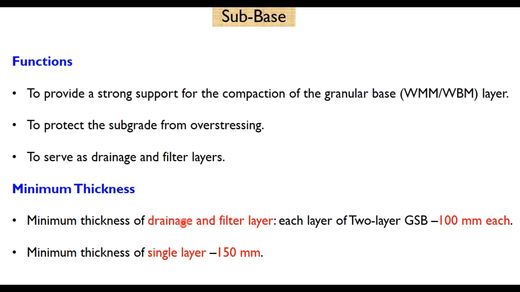When the subbase is provided in two layers, the first layer will act as the drainage layer and the lower layer will act as the filter layer. In that case, each layer should be at least 100 millimeter thickness. If it is to be provided in a single layer, then the minimum thickness of subbase should be 150 millimeter.